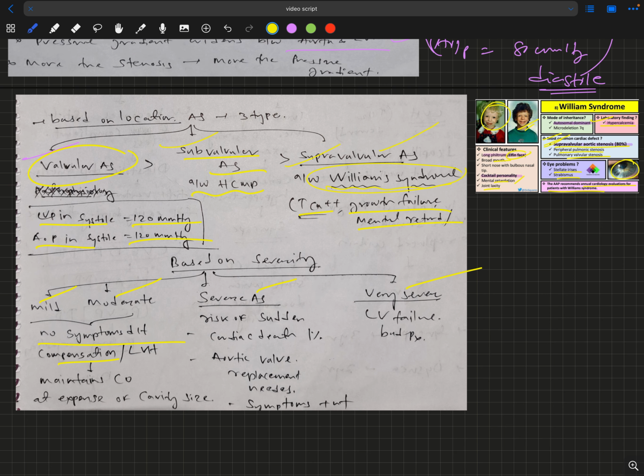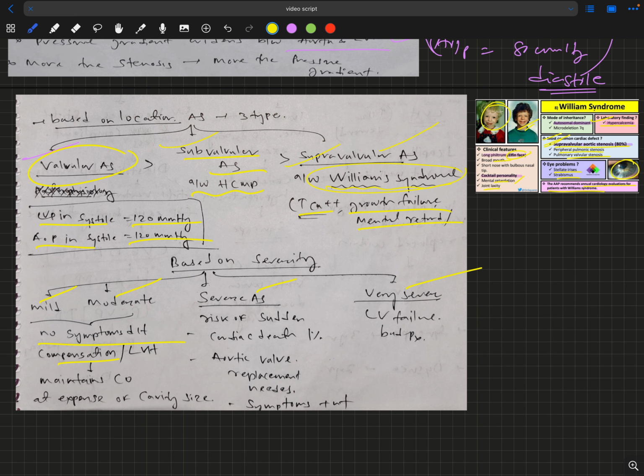I told you that when there is increased pressure inside the left ventricle, in the long term it will develop concentric hypertrophy. In case of pressure overload and volume overload, here both are happening, and that will lead to concentric hypertrophy at the expense of cavity size. The cavity size is decreasing, but the muscle is becoming hypertrophied, so it can pump with more force.